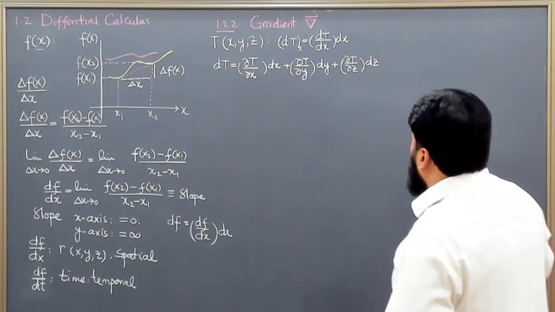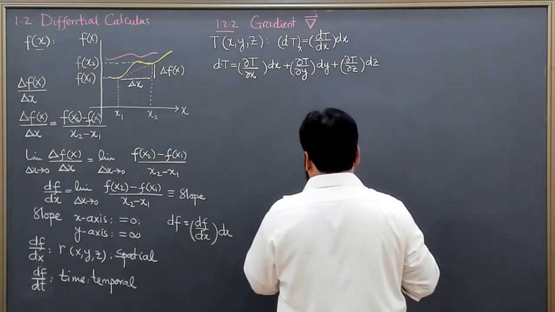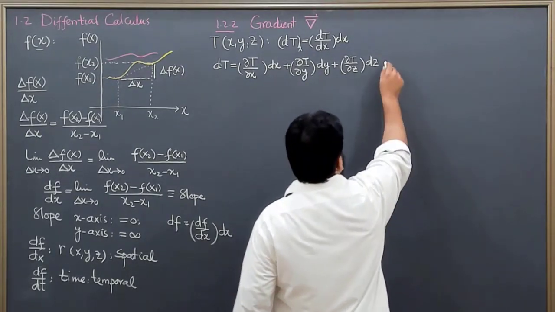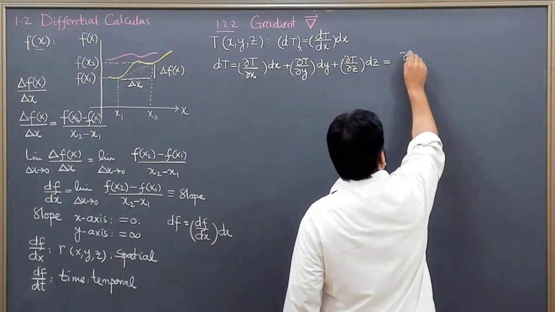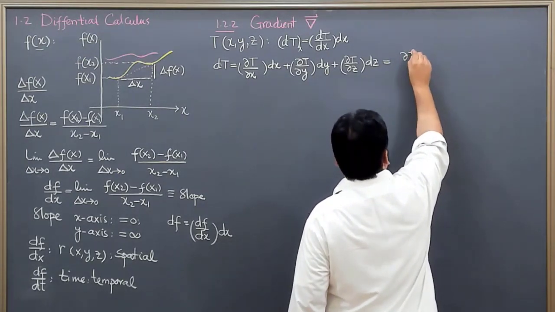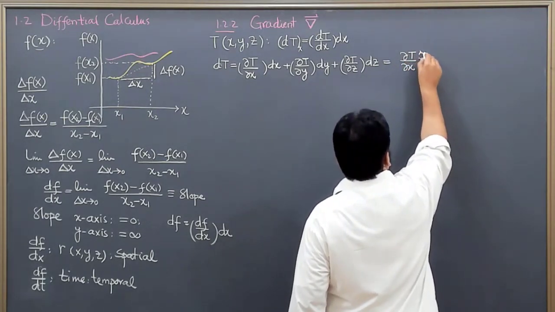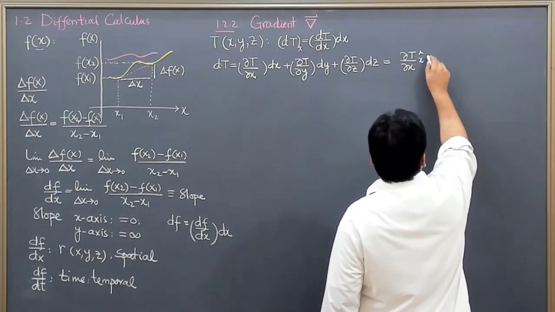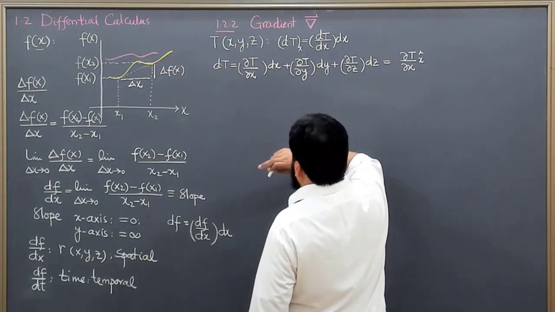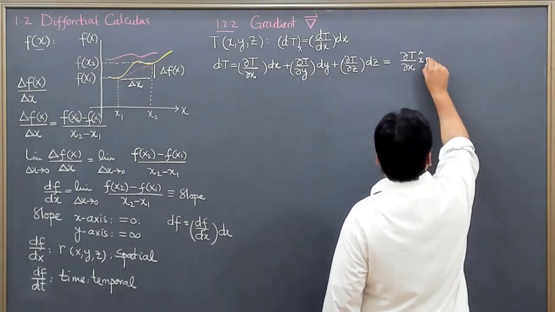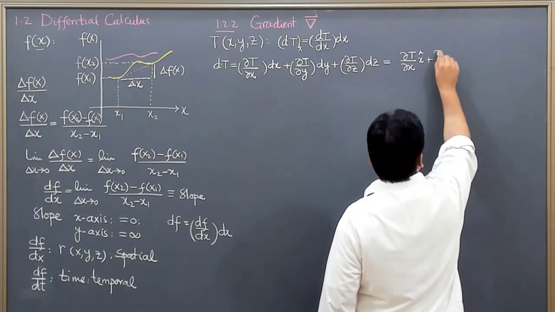Now I can write this like this as well: curly partial t by partial x in the x unit vector, and then dx in the x unit vector, as it is along the x-axis. It's a dot product, so only the inner components will multiply.